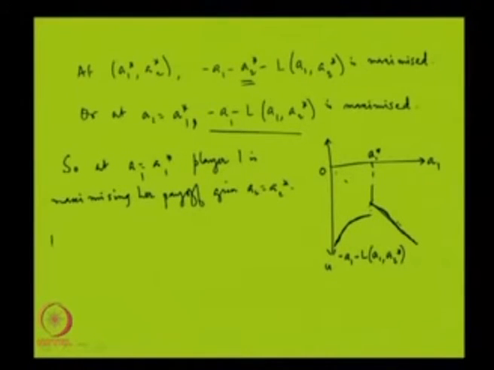What about player 2, from player 2's point of view? Is A2 star the best action for him given player 1 is taking A1 star?